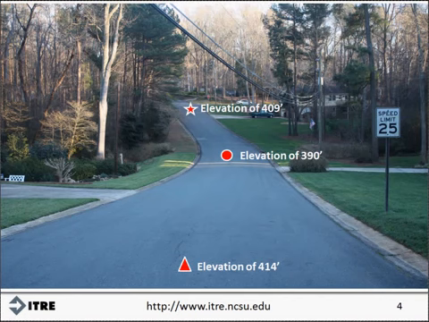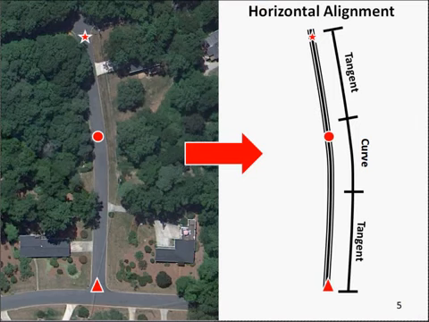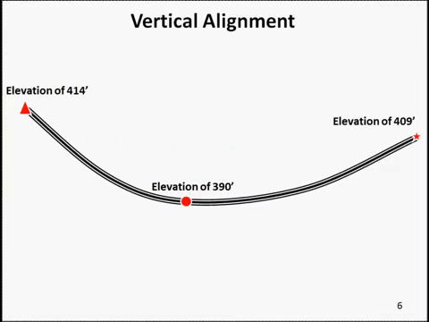Now let's take a look at the horizontal and vertical components separately. The overhead aerial view of the roadway is shown on the left, and the simplified roadway alignment is shown on the right, with the points corresponding to the locations we discussed in the street level view. Each end of the roadway is a tangent, and they are connected with a horizontal curve. The vertical alignment is shown in profile view, from the perspective of someone standing alongside of the roadway and perpendicular to the roadway.